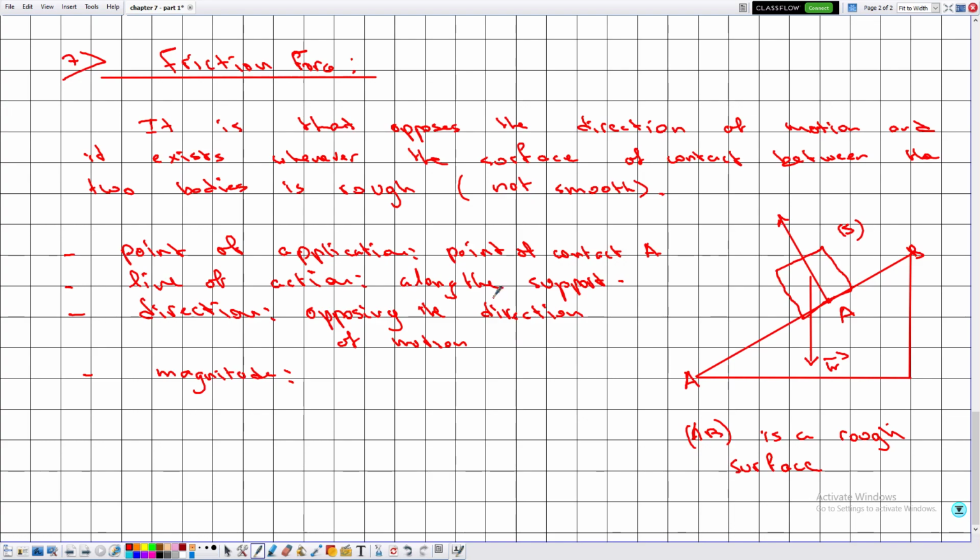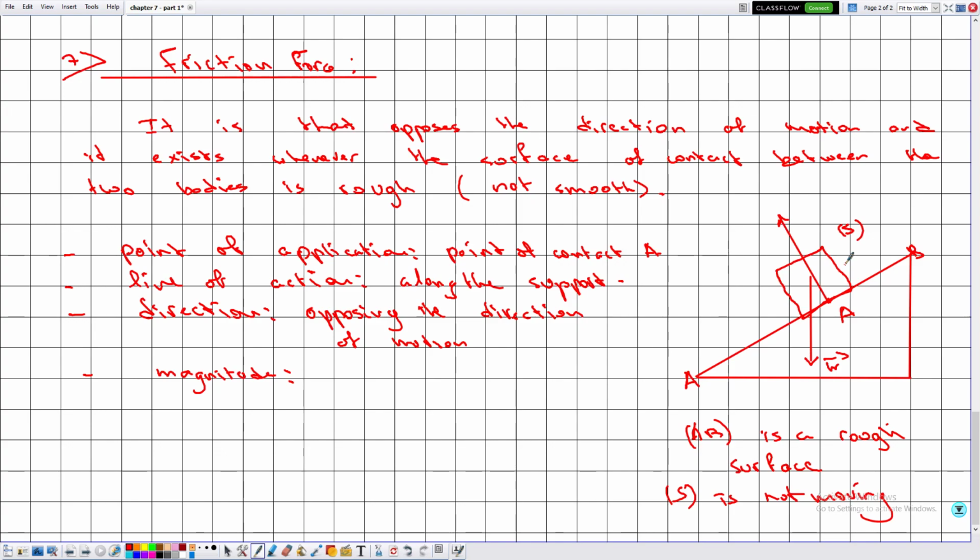So notice that till this moment I didn't specify the line of action and the direction. So how to specify the line of action and the direction of the friction force? Now suppose that we don't have friction, so the solid S is not moving, resting on the plane like this.